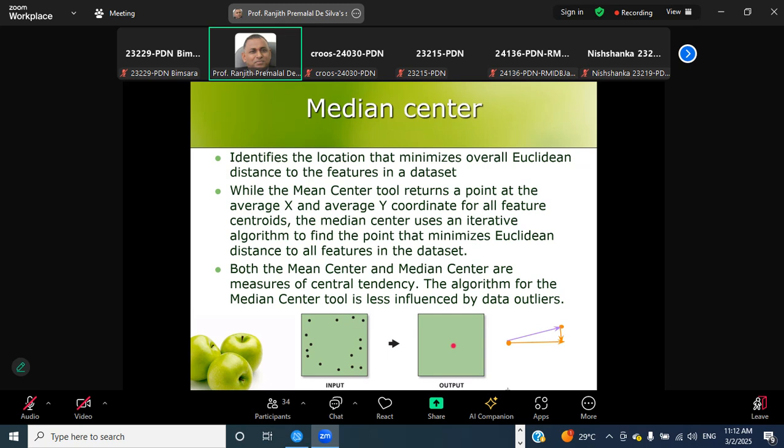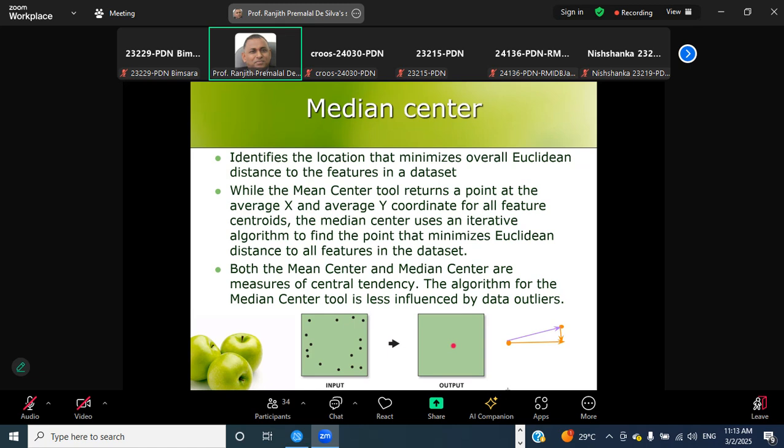So if you use ArcGIS, the mean center tool gives you the point at the average x and average y coordinate for all feature centroids. The median center uses an iterative algorithm to find the point that minimizes Euclidean distance.